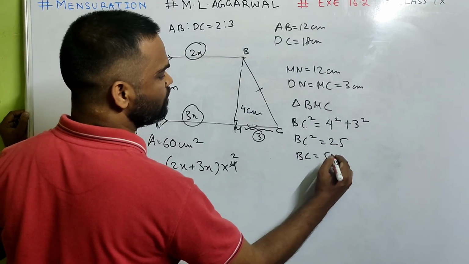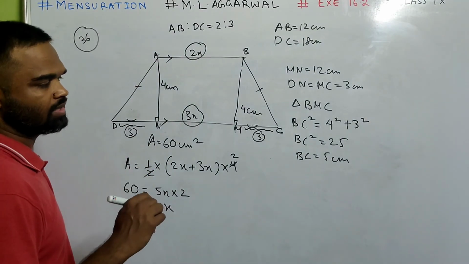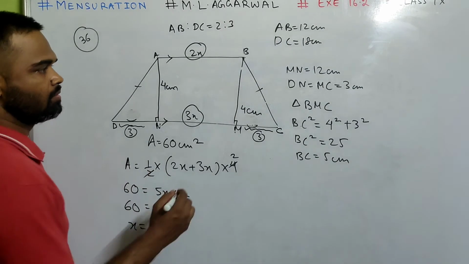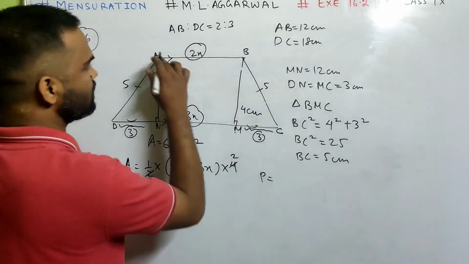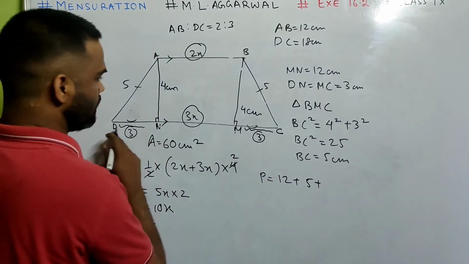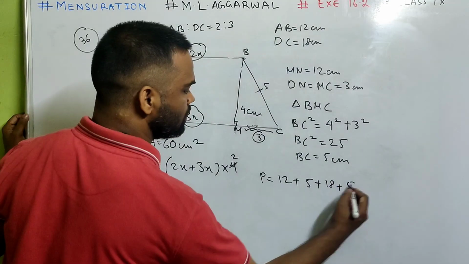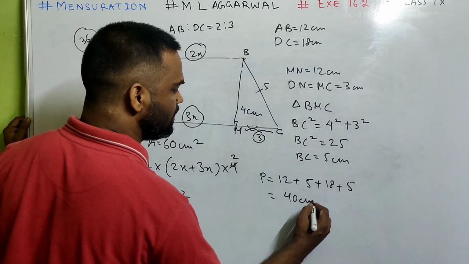So BC is 5 centimeter, plus minus, but we won't take the negative sign, we'll take the positive one. So what they've asked, they asked the perimeter. Now look over here. This is 5, this is 5. So the perimeter will be 12 plus 5 plus 18 plus 5. This is how much? 10, 20, 30, 40 centimeter.